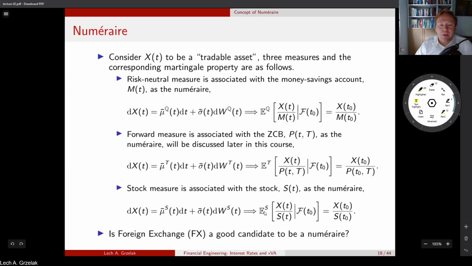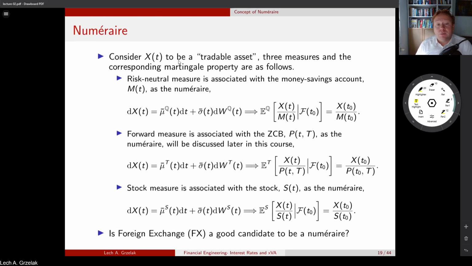of this course. So when we talk about measure changes and tradable assets, we always talk about a measure which is associated with particular dynamics of the process. You can see here we have three different cases. These are the most common cases where we have tradable assets used as numeraire.